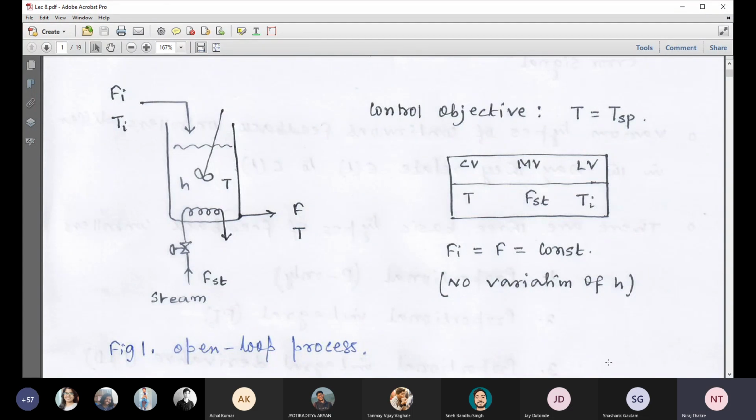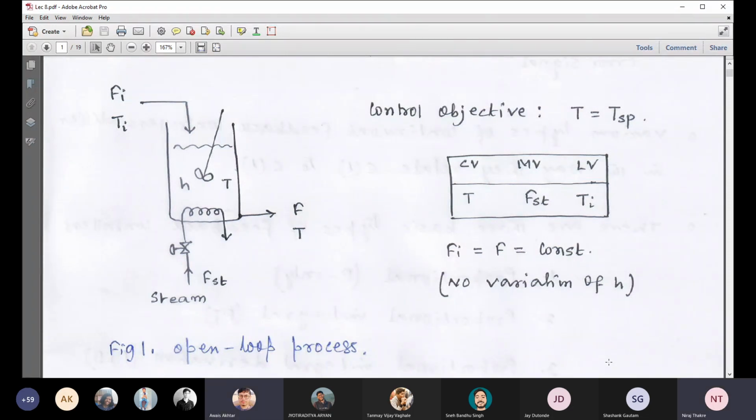Why is it open loop? Abbas Sarkar, can you respond? Why is this called an open loop process? Do you have an answer? No, sir, I'm sorry.